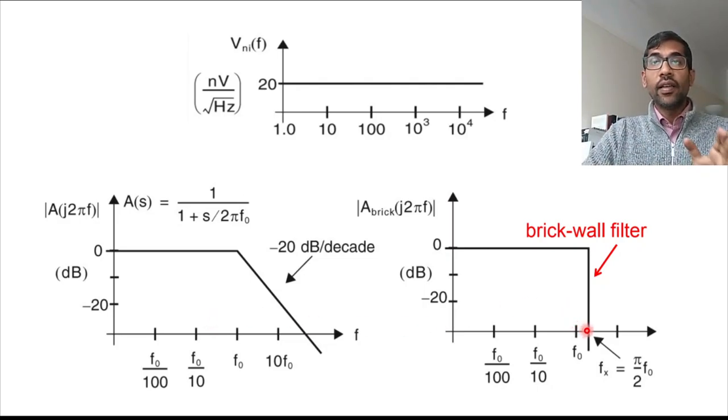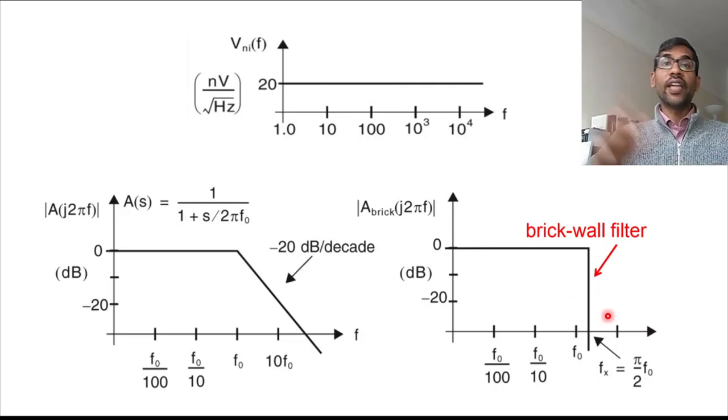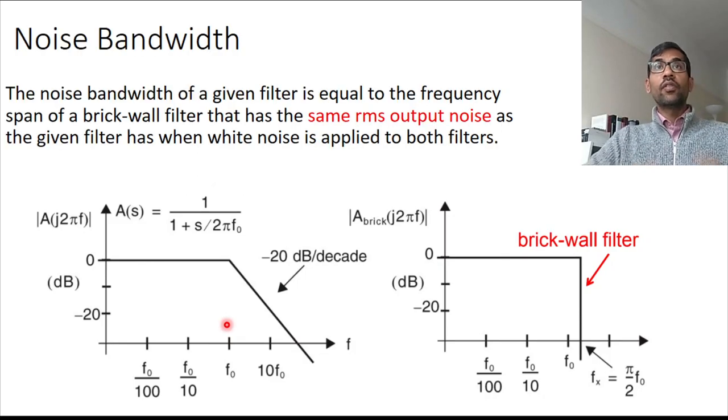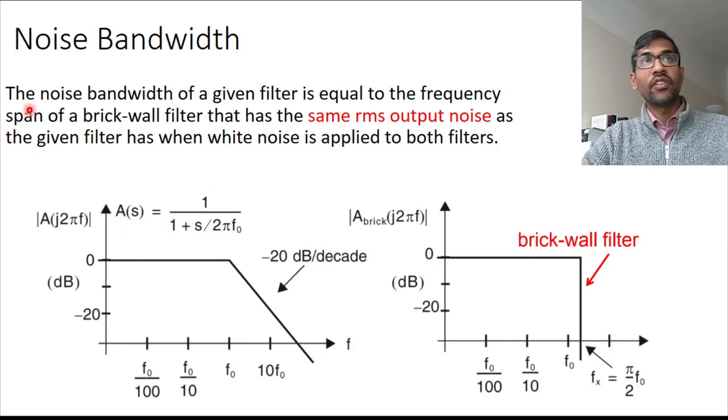Can we adjust fx such that when this noise is put through this filter or this noise is put through this filter, you get the same noise? So you're adjusting fx so that you get the same noise power in both these filters. If you can get that value, then fx becomes the noise bandwidth of this filter.